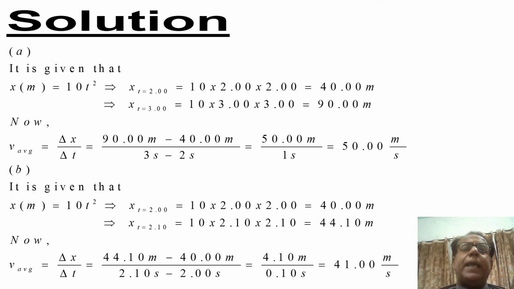Okay, hence V average becomes equal to 41.00 meter per second, and this is the end of our module.